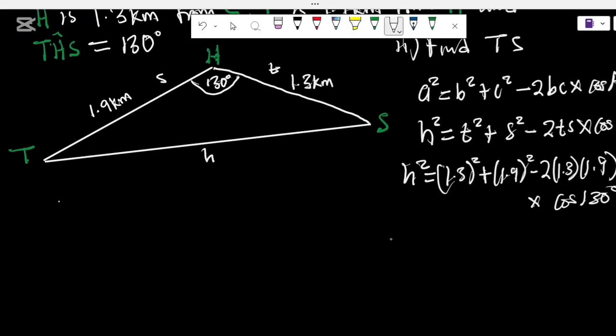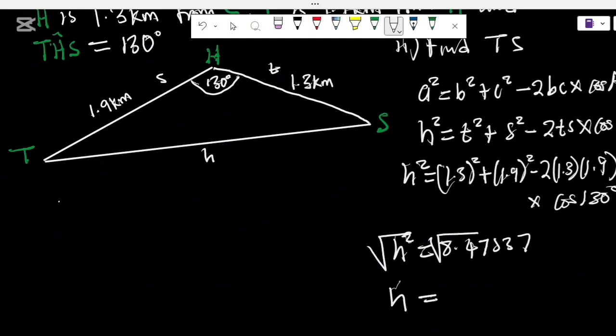So this is going to be h squared is equal to, then we can use the calculator to find the value for these figures. So this is going to give us 8.47537. Now at this time we can just introduce the square root to find the value of h.